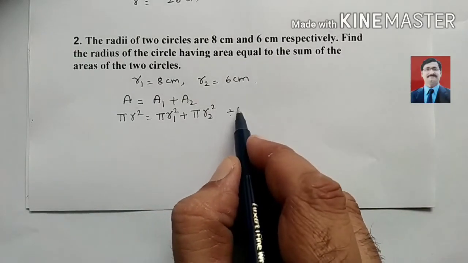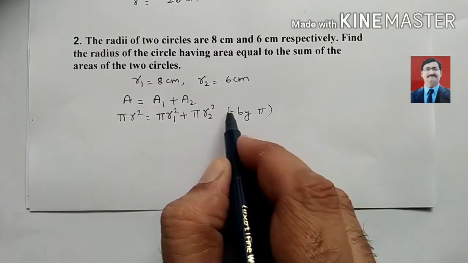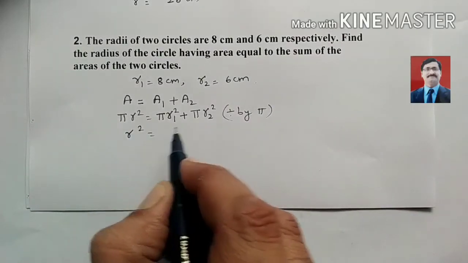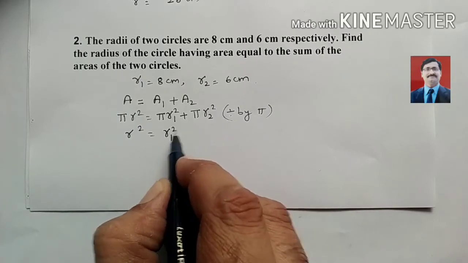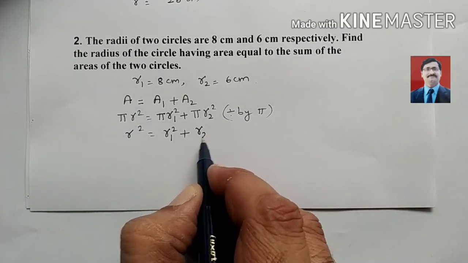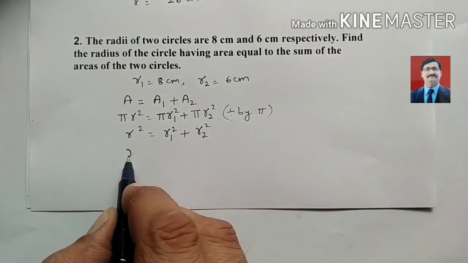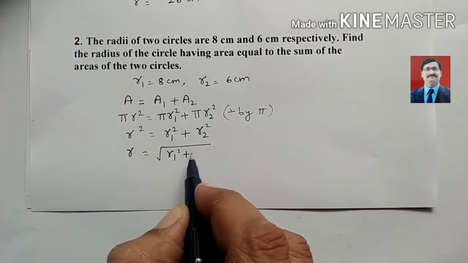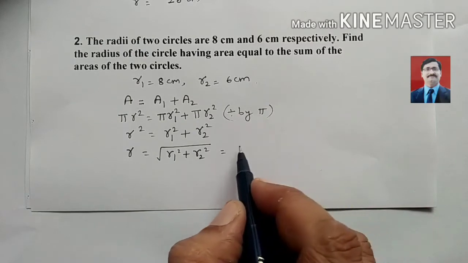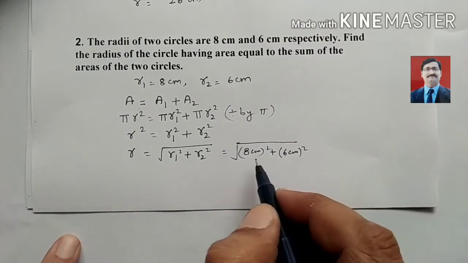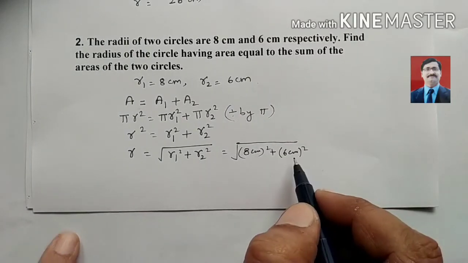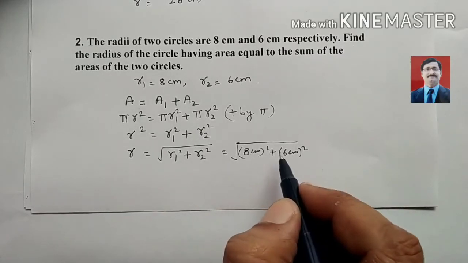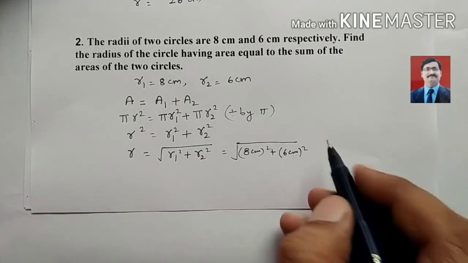Now we can divide all the terms by pi. Dividing by pi, we get r square, r1 square, and r2 square. So r will be equal to the root of r1 square plus r2 square. Here r1 is 8 centimeter and r2 is 6 centimeter. So we get the root of 8 centimeter whole square plus 6 centimeter whole square.